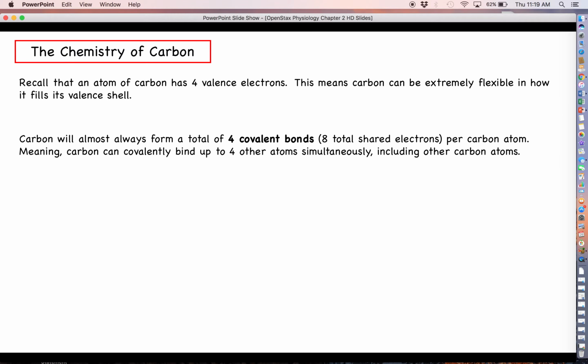What this really means is that carbon can covalently bind to up to 4 other atoms simultaneously, and that includes other carbon atoms.